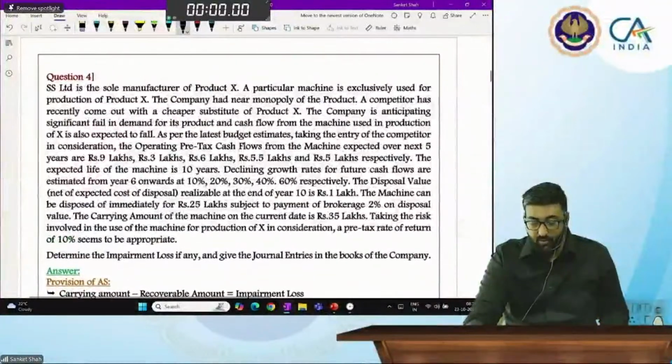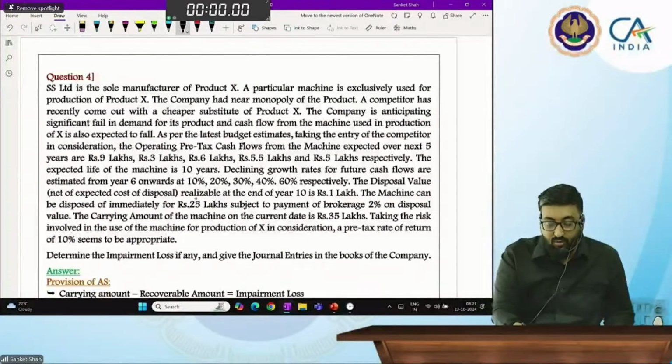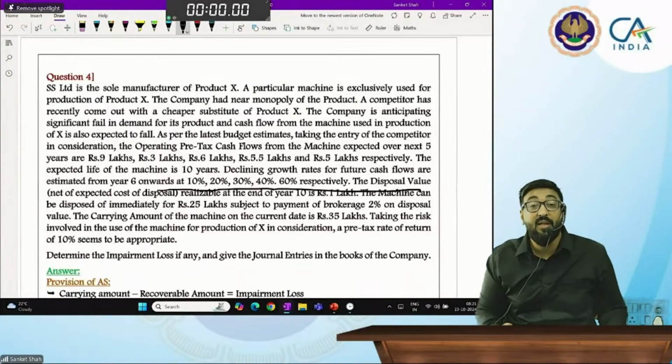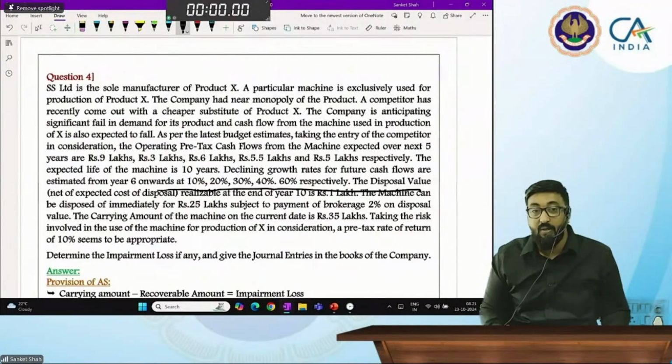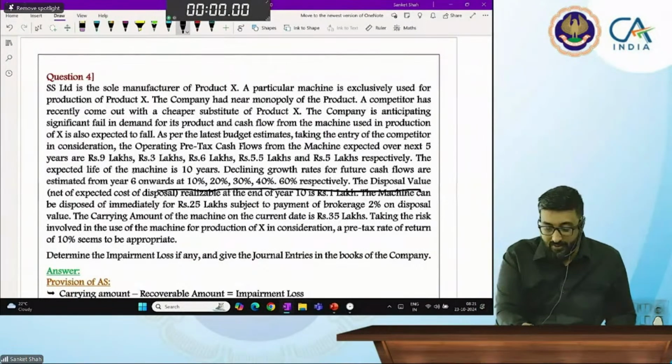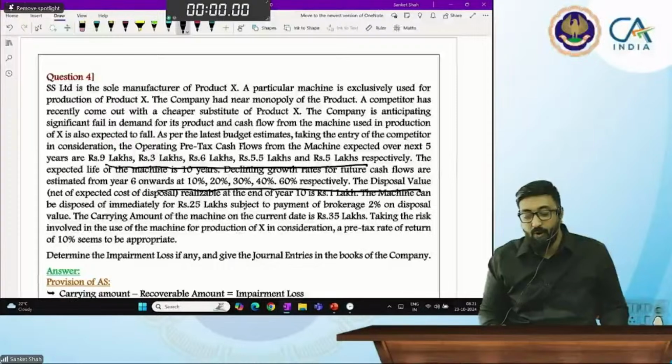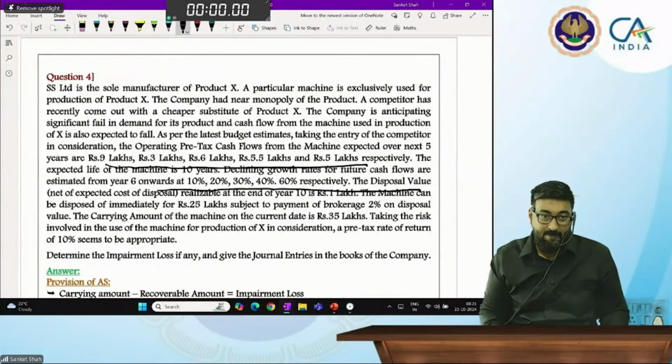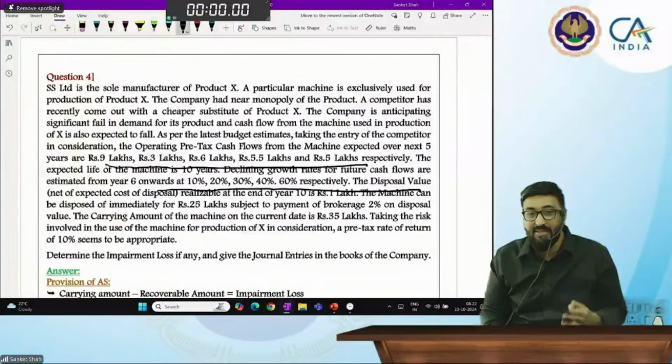Now I have made a change in the value in use. I will give you this question in the break. Question 4. From 6 years, value in use is not given directly for 10 years. So here you have to think for this 9 lakh, 3 lakh, 6 lakhs, 5.5 and 5 lakhs respectively. Your future cash flows are going to decrease or increase by 10%, 20%, 30% in respective years 6, 7, 8, 9, 10.